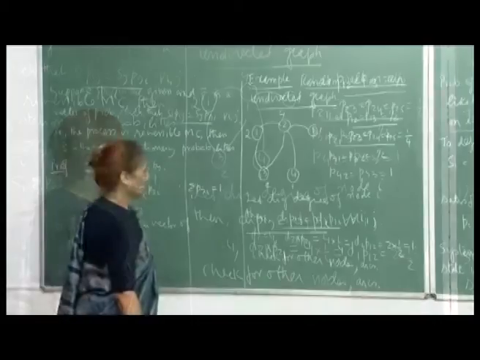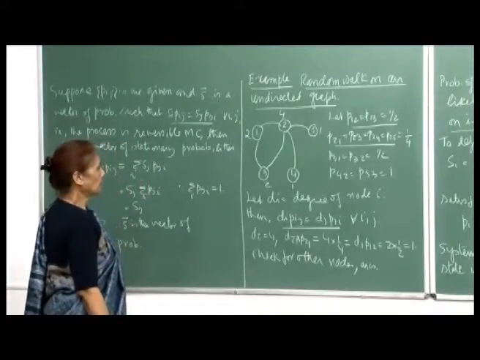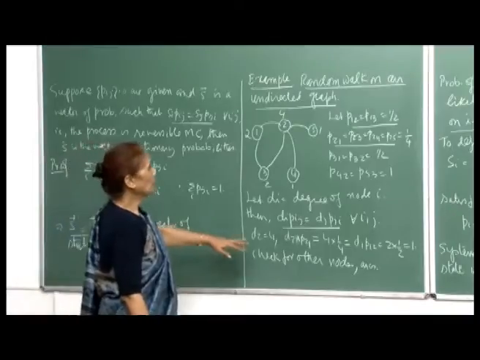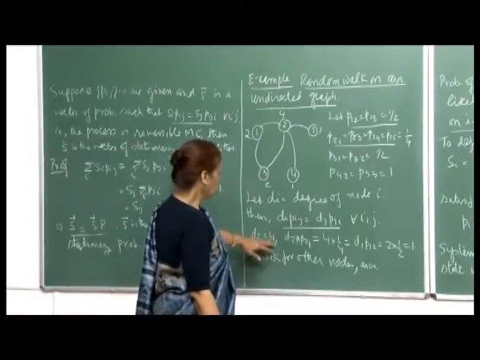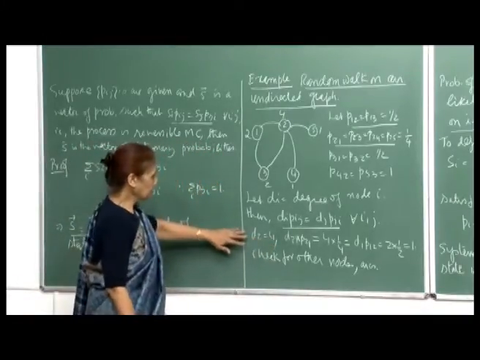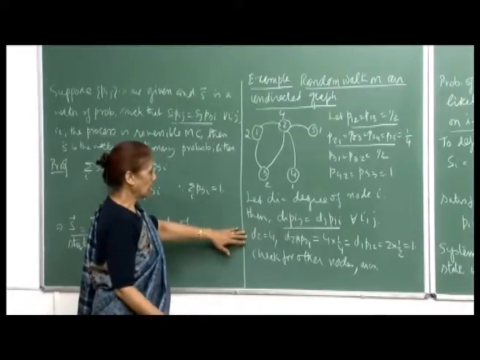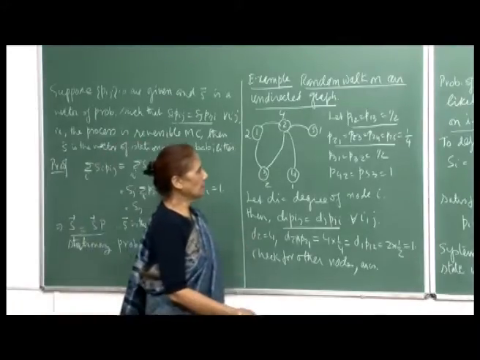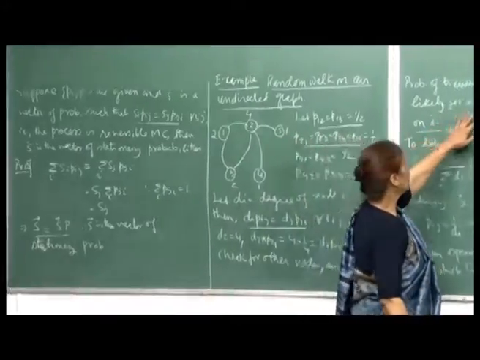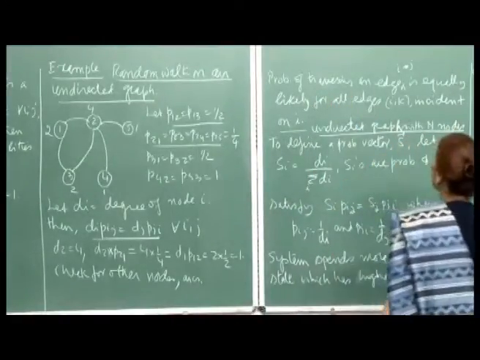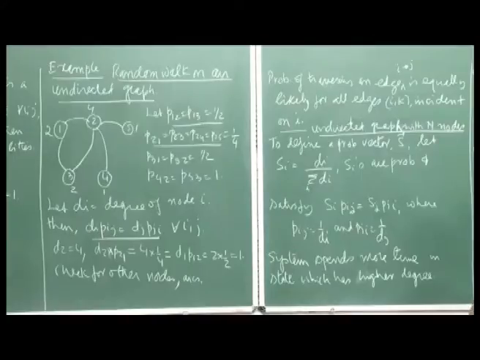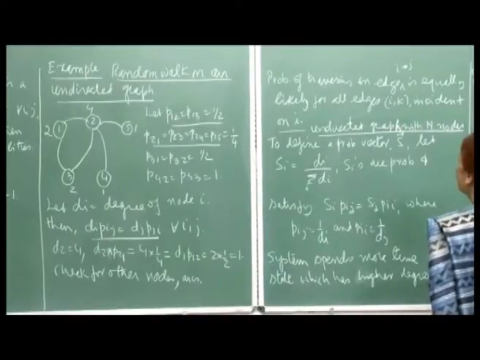Okay. So, this is an example, and now here we would want to convert the d_i's into probabilities. So, the probability of traversing an edge ij is equally likely for all edges ik incident on i.